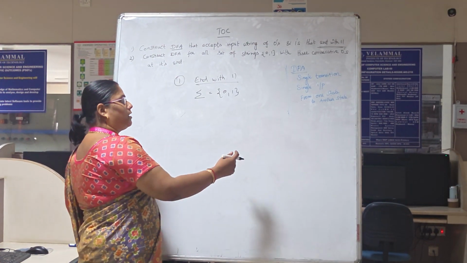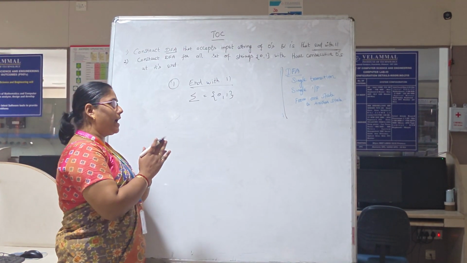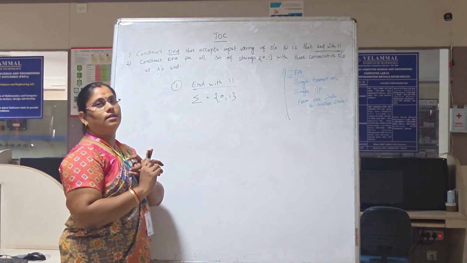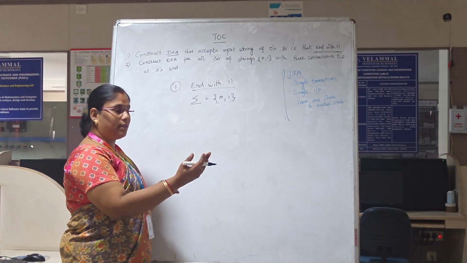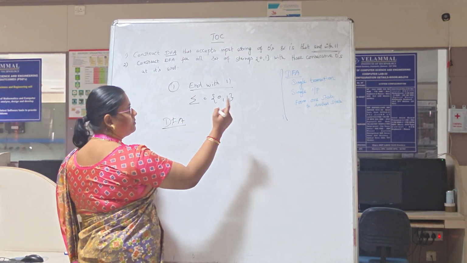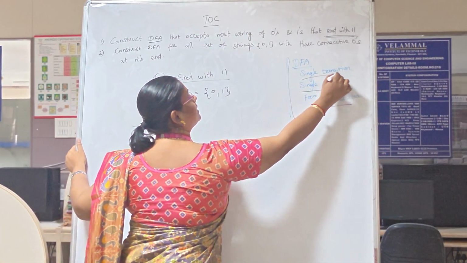Before getting into that, we know that a DFA has only one transition for one input, and the transition should be from one state to another state. So our DFA will go from one state to another state, with a single input and a single transition.